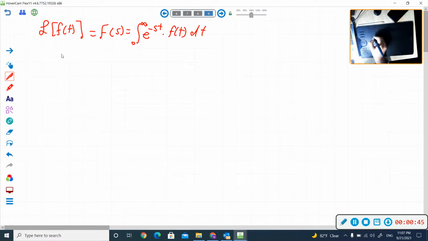We started with the Laplace transform of 1, and we have proved that it is 1 over s.